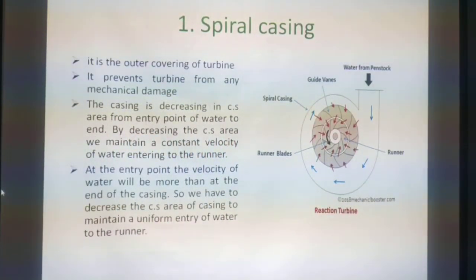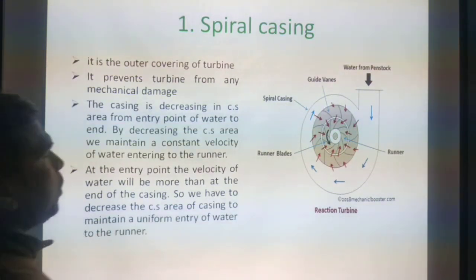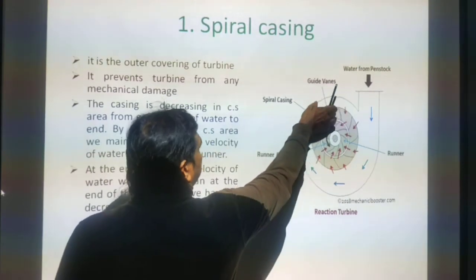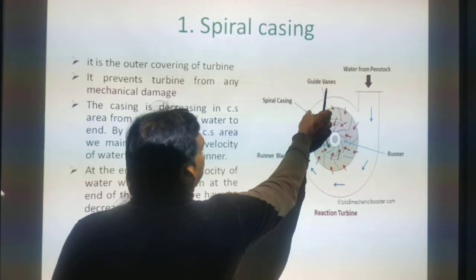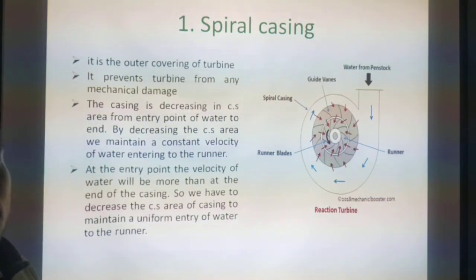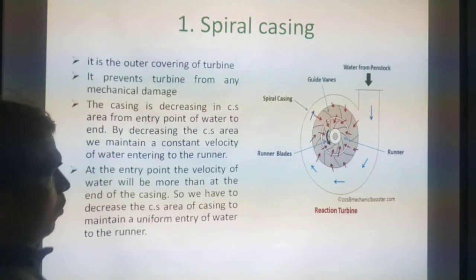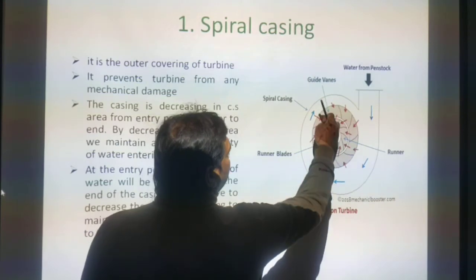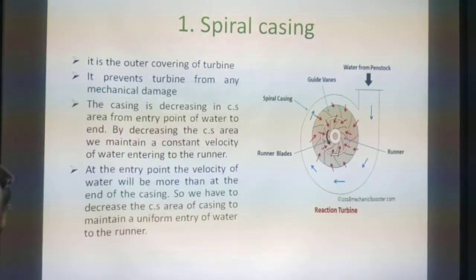So we have to decrease the cross-sectional area of the casing to maintain a uniform flow of water to the runner. So we decrease the cross-sectional area of the casing at this portion, so that a proper uniform velocity of water from all the sections will enter the runner.